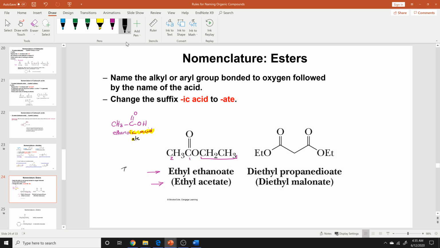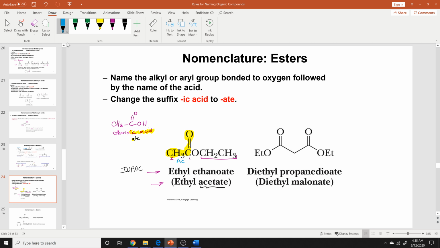This is the IUPAC name. The common name is ethyl acetate. Now, what is acetate? You're going to see this in your homework. Acetate is this part. I'm going to highlight it. It's a CH3 that is connected to a carbonyl that is connected to the oxygen. This is what an acetate is. And normally we abbreviate the acetate by an AC.